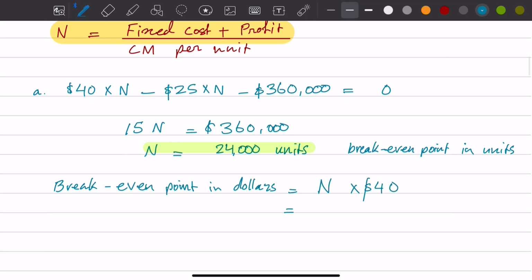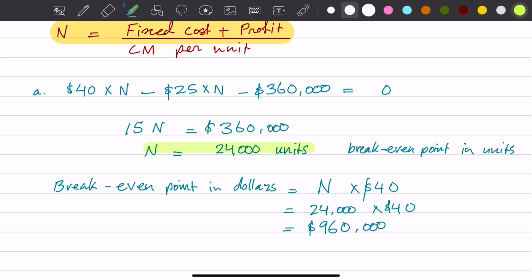We already found that N is equal to 24,000 units multiplied by $40. Run the numbers on a calculator. 24,000 multiplied by 40, and that's going to be $960,000. And that is the break-even point in dollars.